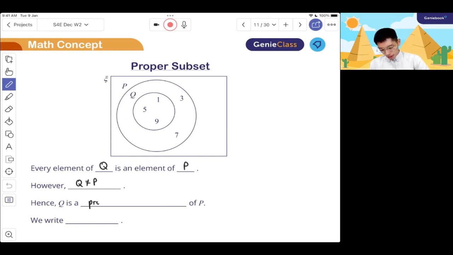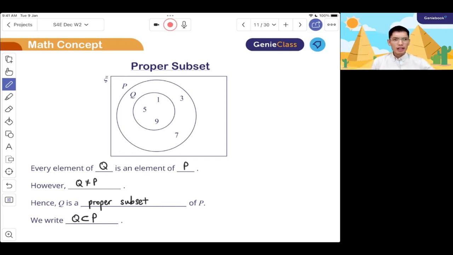Since Q is not equal to P, but whatever is in Q is in P, so every element in Q is an element of P, we call it a proper subset. The notation to write it is Q with this little awkward long C, P. It's like a C drawn this way, but longer. I hope you all can see my finger. So Q is a proper subset of P.